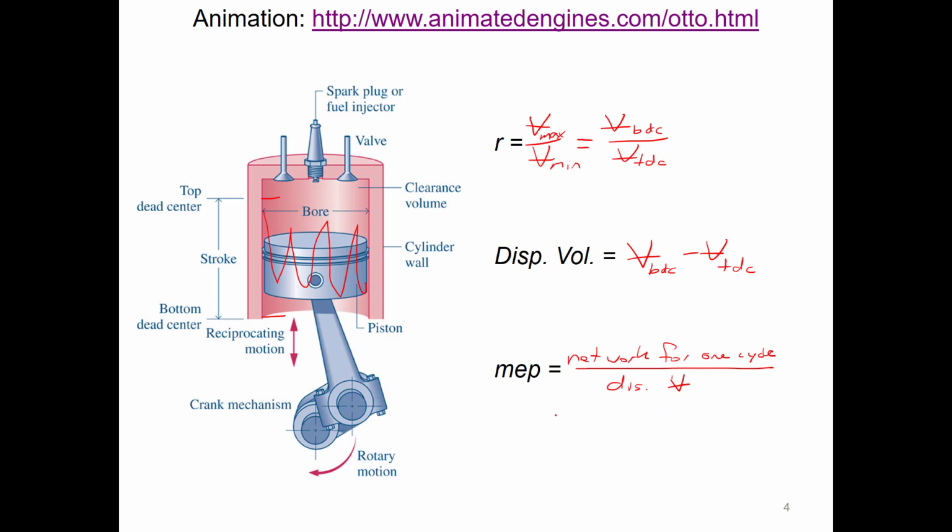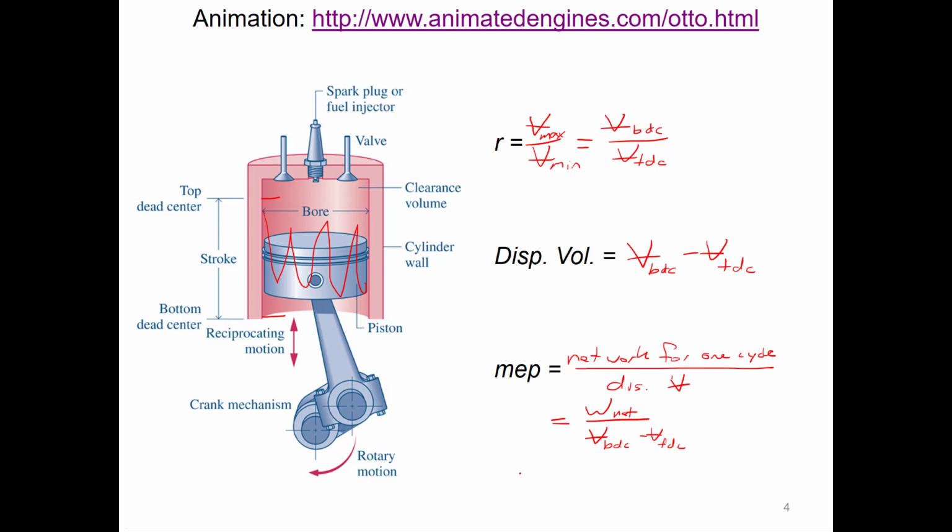Mathematically, we could say that's equal to the net work for one cycle over the displacement volume, which is again the volume at bottom dead center minus the volume at top dead center. All right, so that'll be useful too as we look at some things.